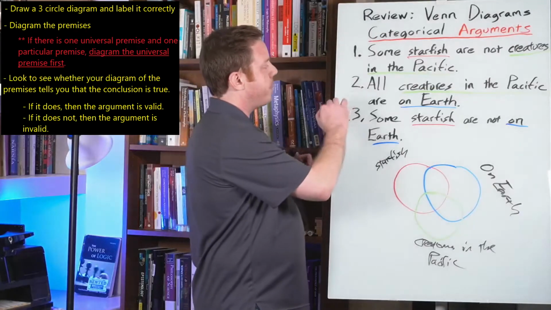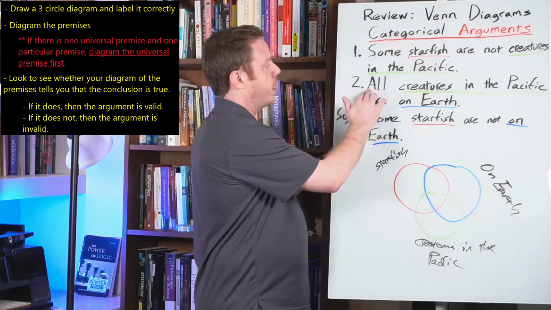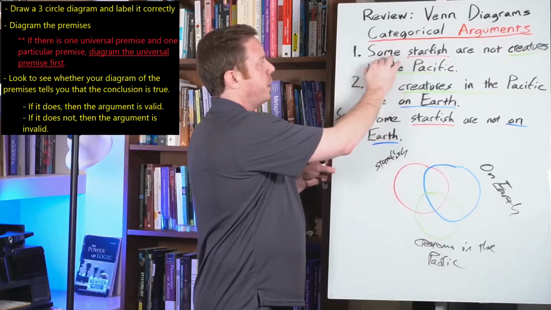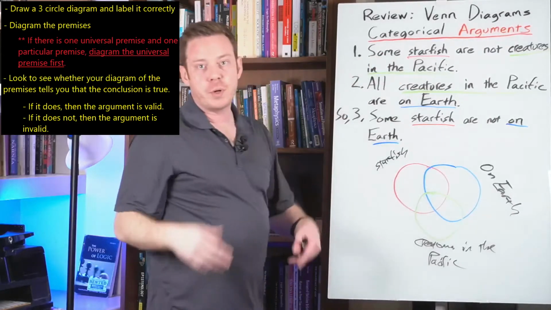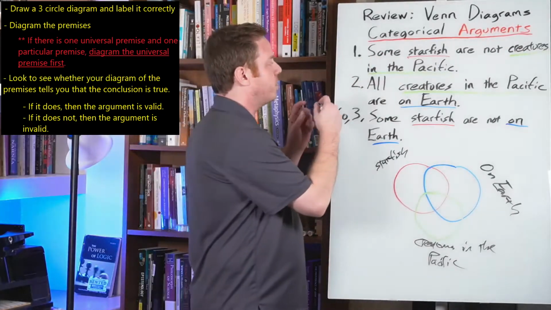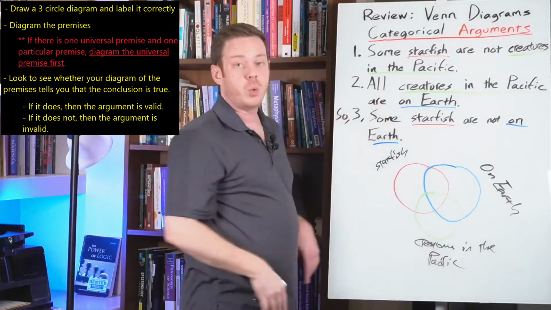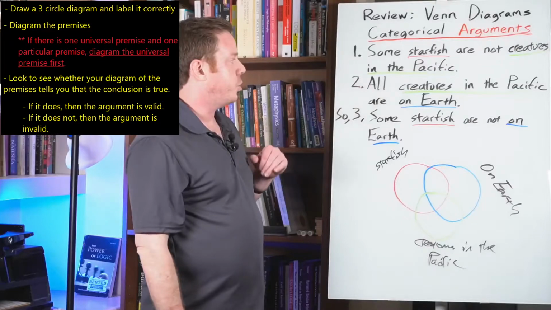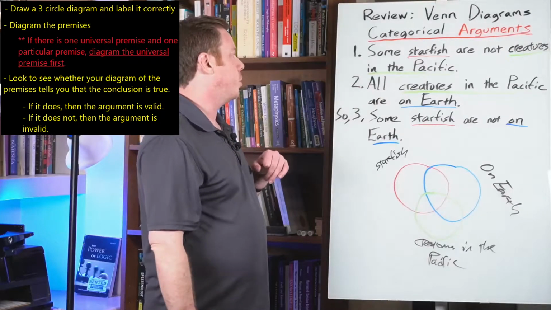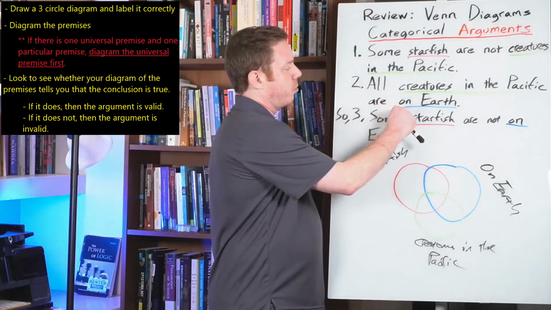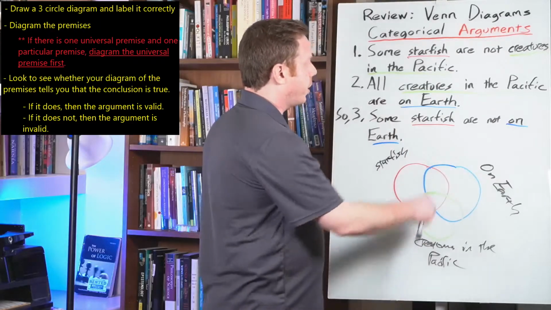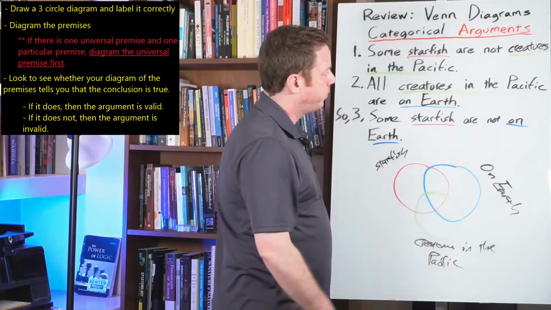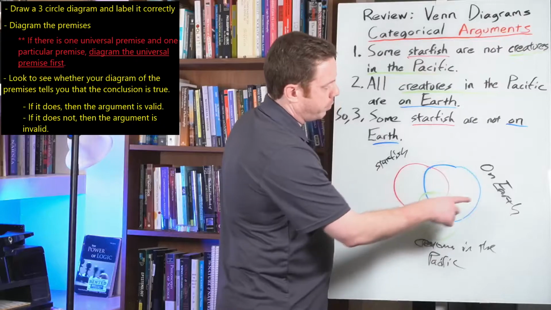So when you have a mix of a universal statement with a particular statement, both occurring as premises, you always want to diagram the universal one first. So let's do that. Premise 2 is the universal. All creatures in the Pacific are on Earth. We're looking at the green and the blue circle.